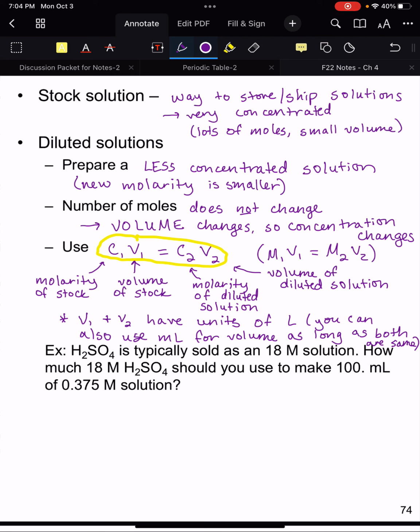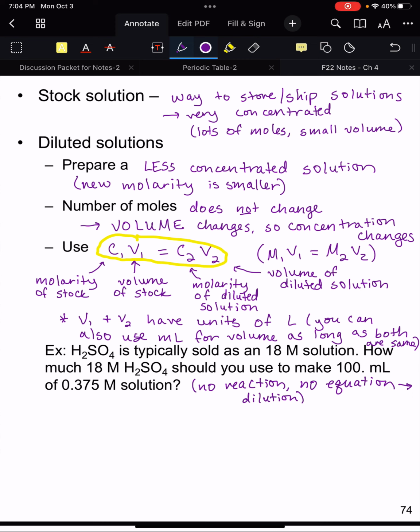And so what you see in this problem is there's no reaction, no equation, and so we know because the concentration changes, it has to be a dilution problem. Usually in a dilution problem, it's going to say the word dilute in it. This one doesn't happen to.